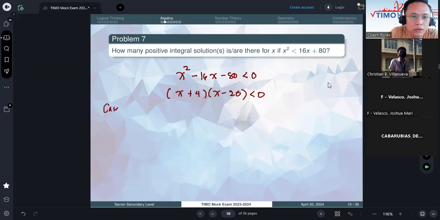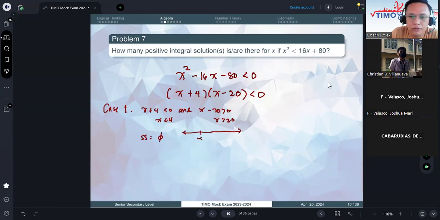So case one is x plus 4 is less than 0 and x minus 20 is greater than 0. So that means x is less than negative 4 and x is greater than 20. If this is the case, our solution set is empty because again, they will not coincide. You will have negative 4 here and this is at 20, so they go the other way.